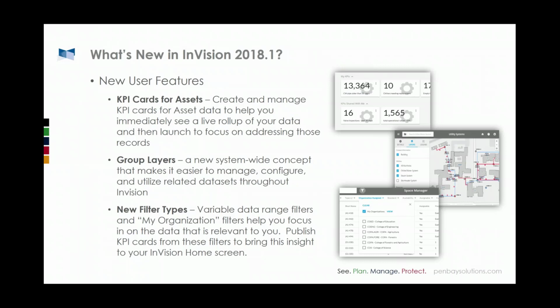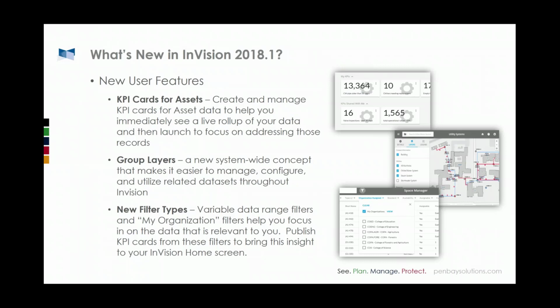There is a new set of filter types to support this KPI card concept. For instance, there is a new My Organization filter type that is important, probably particularly for space managers, that allows you to filter down to the spaces that are belonging to your organization, to those that you have control over.